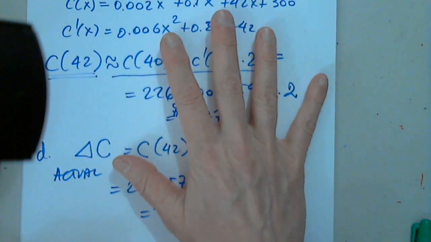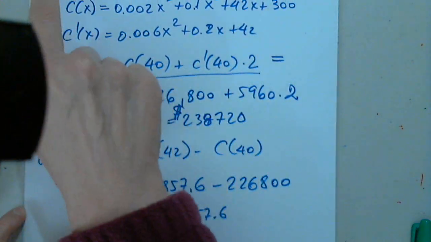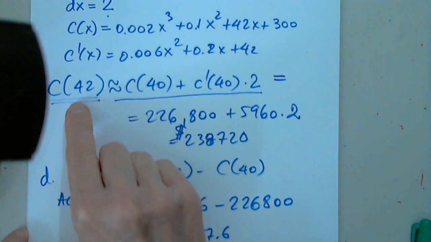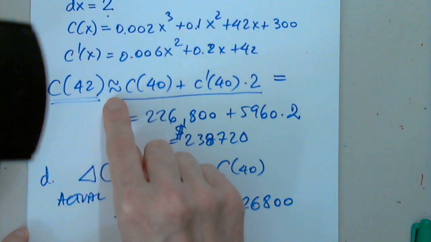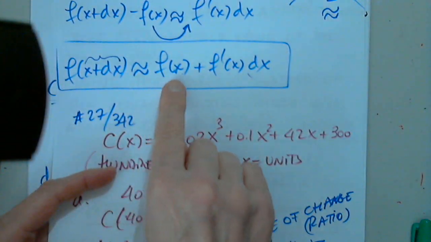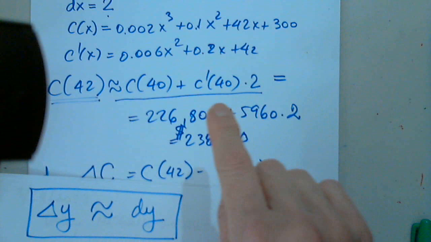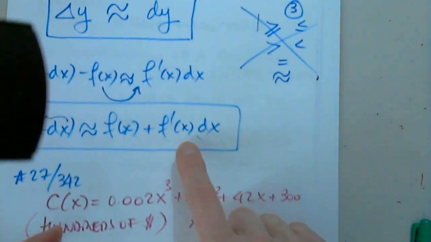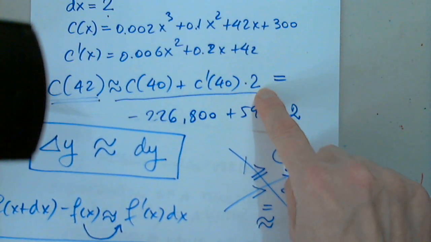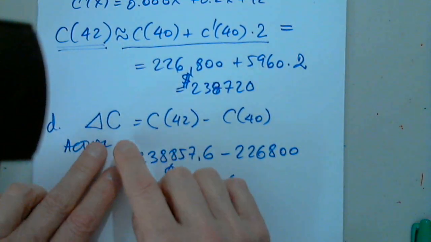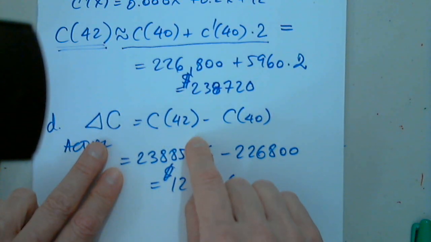Yes, let's explain this again. In part C, we were asked to estimate. So we're estimating with the formula C of 40 plus C prime of 40 times 2. In part D, they say find the actual.